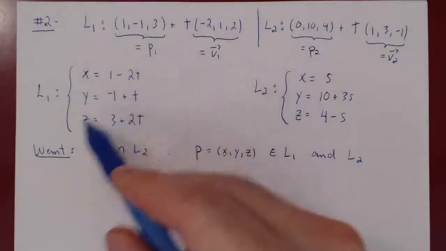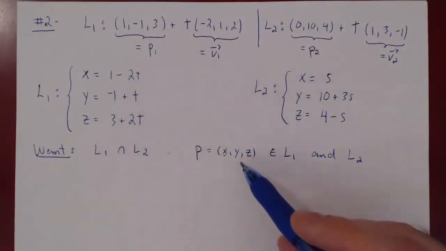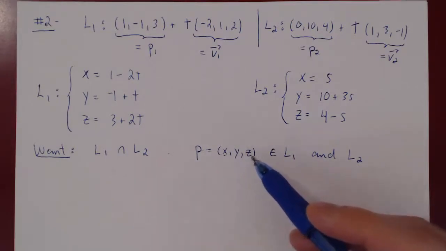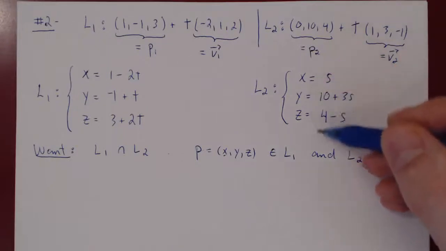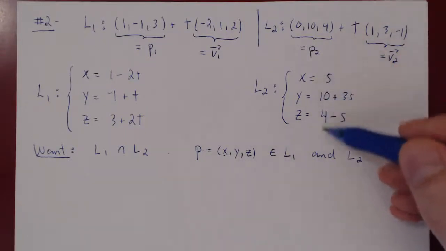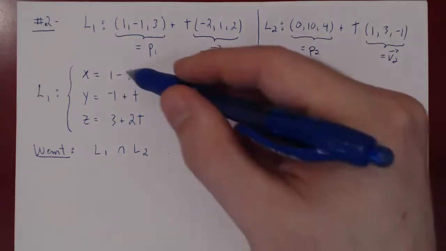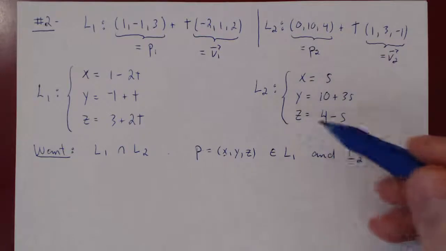So these equations must be true for some choice of t, but simultaneously, the point P also is a point on line 2, so there has to be a value of s where the coordinates x, y, z are equal to these three functions of s. So these equations must be true, and the same goes for these three as well.